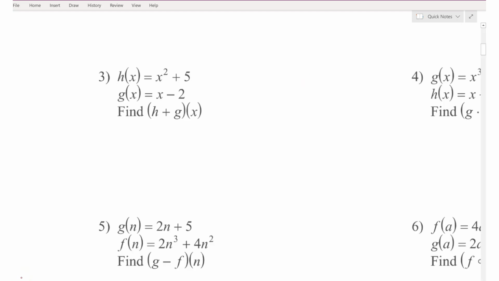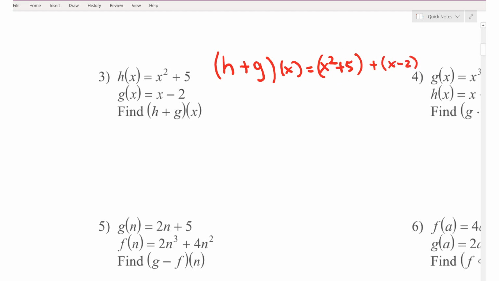We have h of x equals x squared plus 5, g of x equals x minus 2, and we have h plus g of x. So you're going to get h of x, which is x squared plus 5. I just put parentheses so you know that that's h. You don't have to. And this is x minus 2.